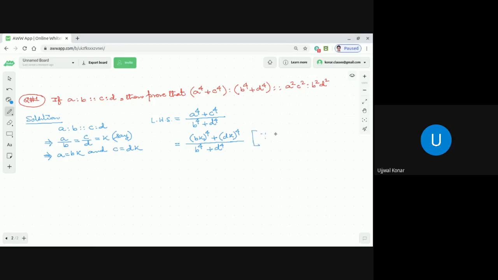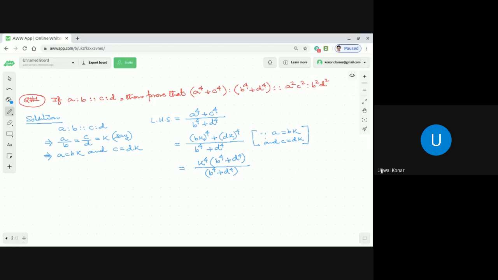Since we just found out few minutes back that A is equal to BK and C is equal to DK. So this is equal to what? We can take K to the power 4 common, then B to the power 4 plus D to the power 4 divided by B to the power 4 plus D to the power 4.